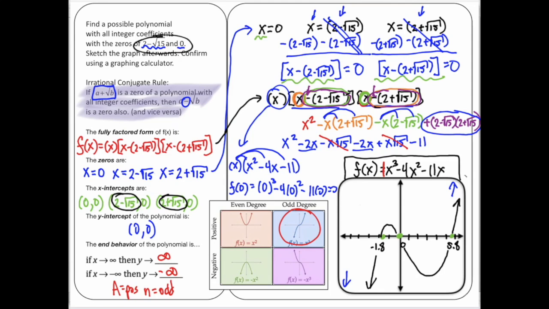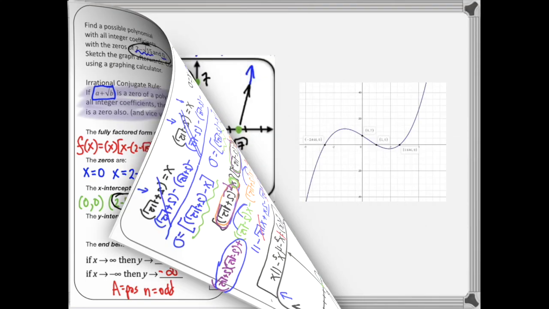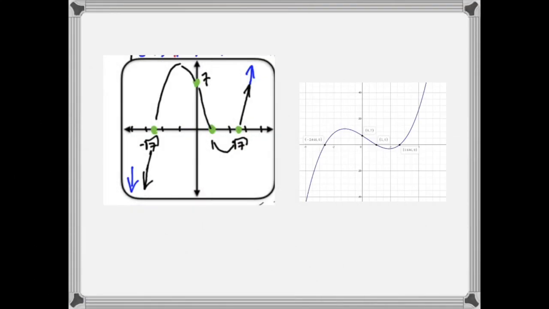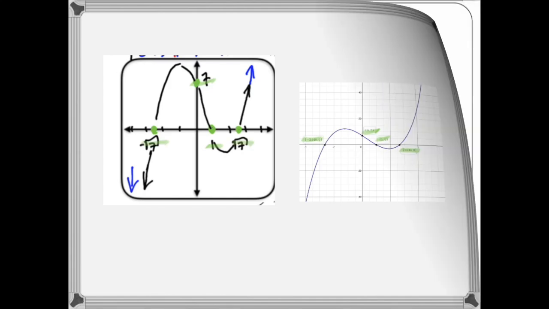So let's look at the technology and see how we did. All right, we have ourselves something that's all set up nicely. Notice we got our 7 and 7 right here, 1 and 1, and then these are the decimal approximations for our square roots of 7. So everything looks good. All right.